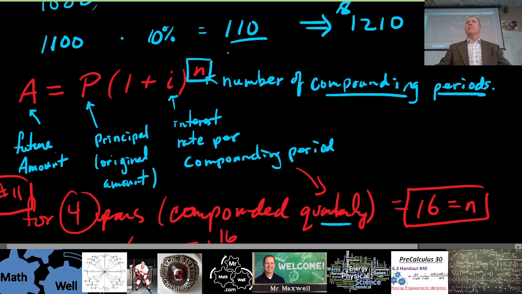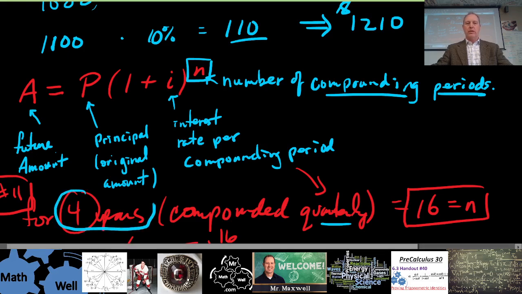If your investment compounds annually, that means the interest is calculated every year. If it's compounded quarterly, that means it's compounded 4 times a year, every 3 months. If it's compounded monthly, that means it's calculated 12 times a year. All right? So let's say that you have, now look at this question down here.